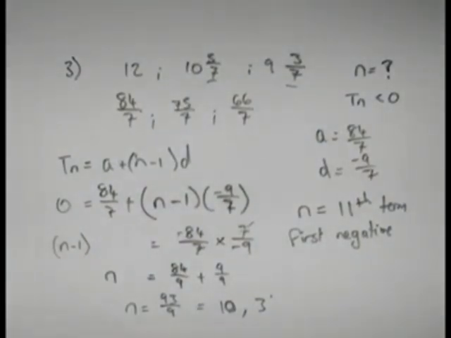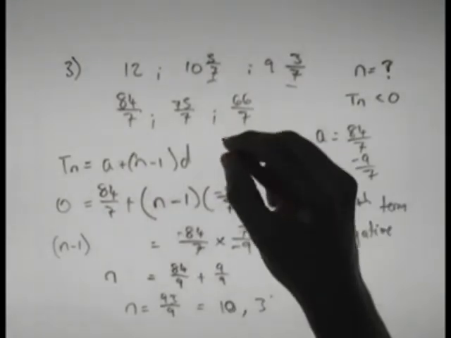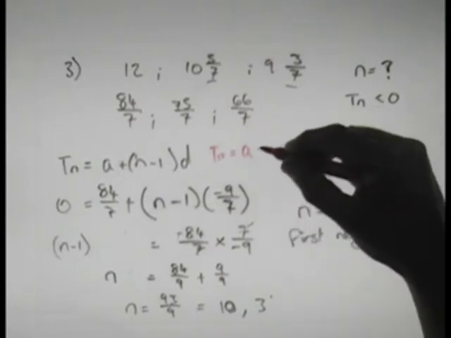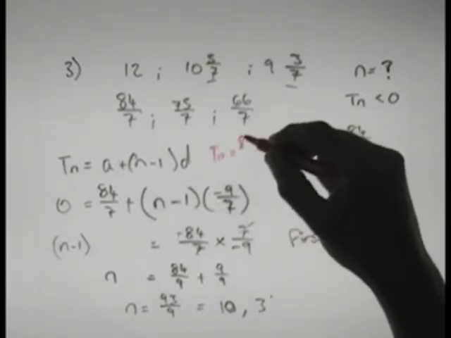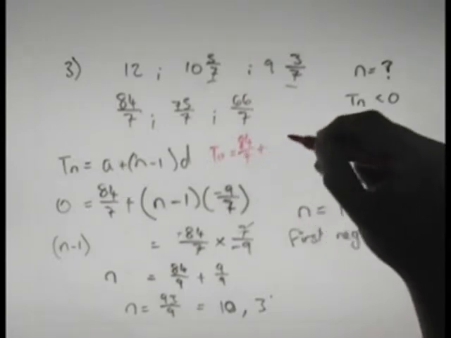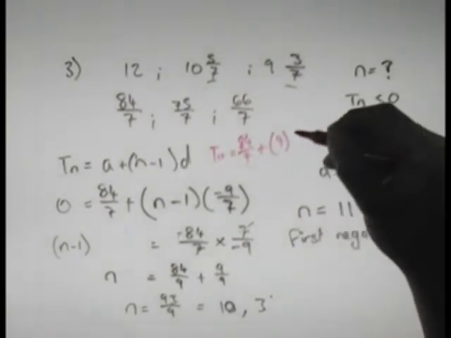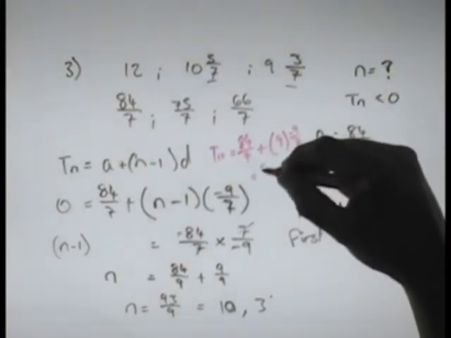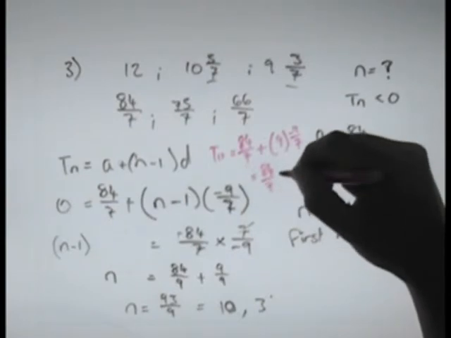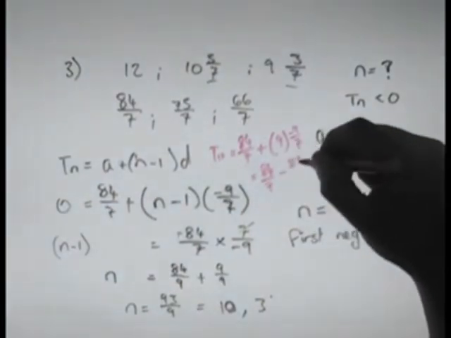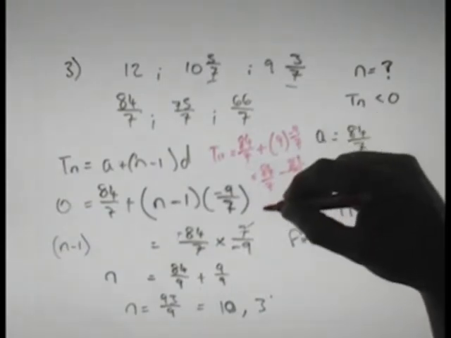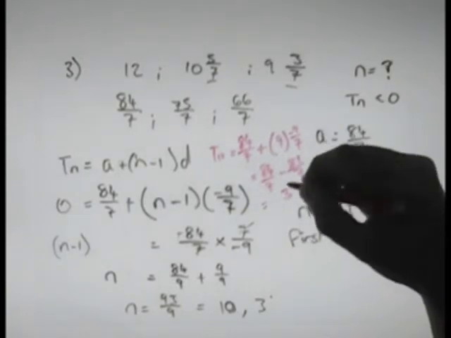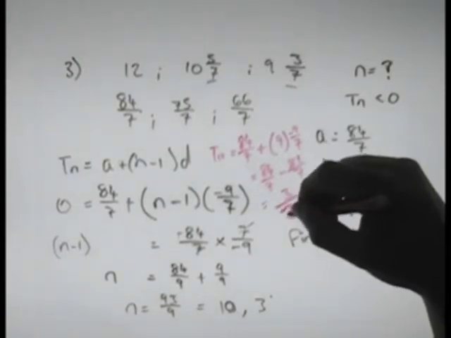And let's work that out. In this case, T10 is going to equal a plus, a is 84 over 7, plus n minus 1, which is 9, times the difference of negative 9 over 7, which is going to be 84 over 7 minus 9 times 9 is 81 over 7, which is equal to positive 3. 84 minus 81 is positive 3 over 7.